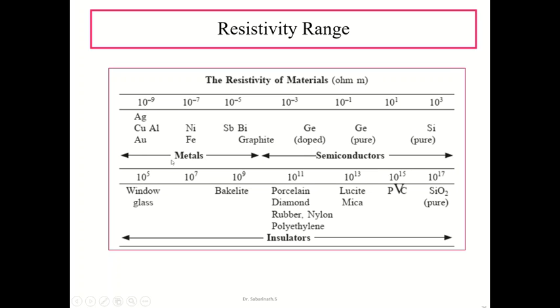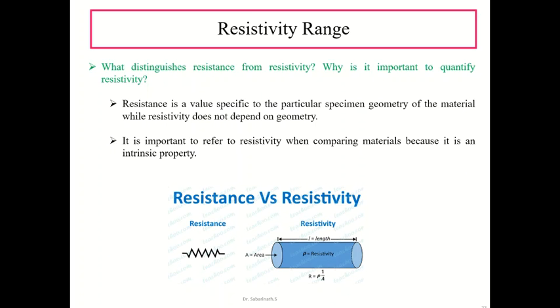Copper, aluminum, nickel, etc. all fall under metals, and germanium, doped germanium, pure germanium, etc. fall under semiconductors. Insulators such as window glass, bakelite, PVC, silicon dioxide, etc. fall under insulators.